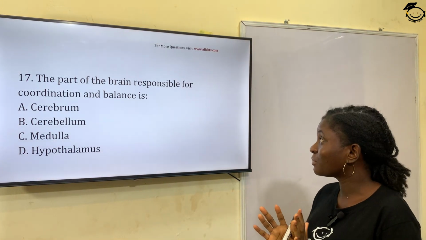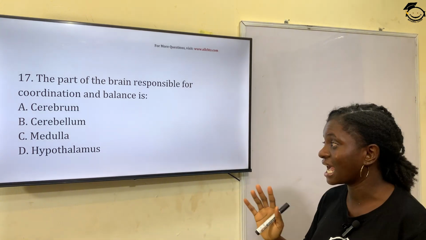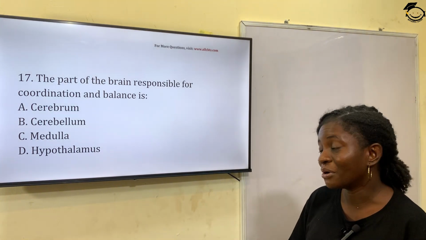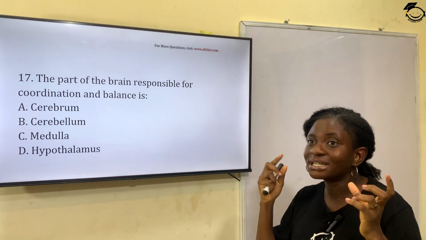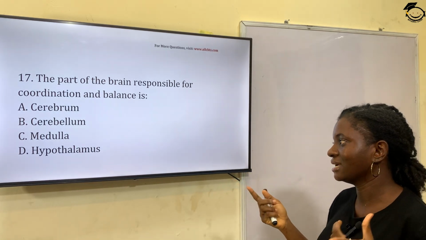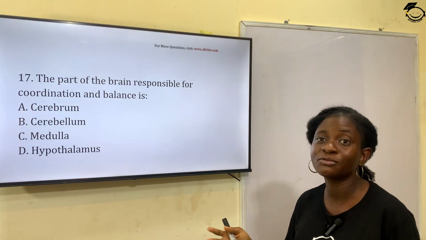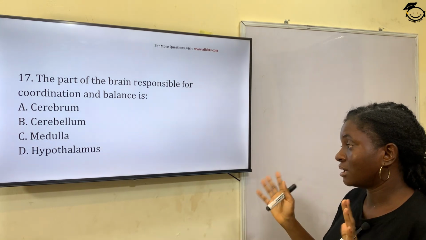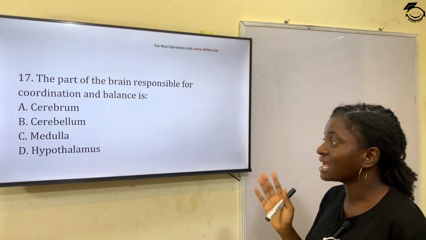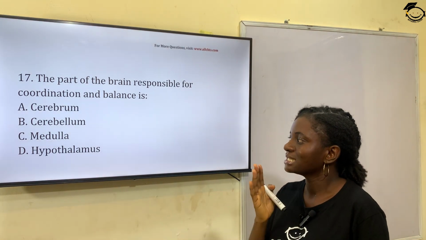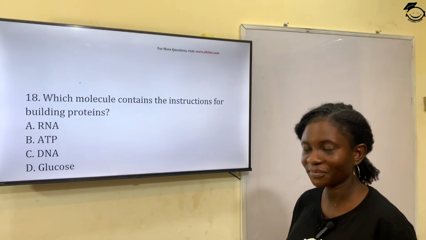Cerebellum is responsible for coordination and balance, while cerebrum is involved in cognitive functions like thinking, and medulla oblongata is involved in involuntary actions like breathing. So the correct answer is cerebellum.